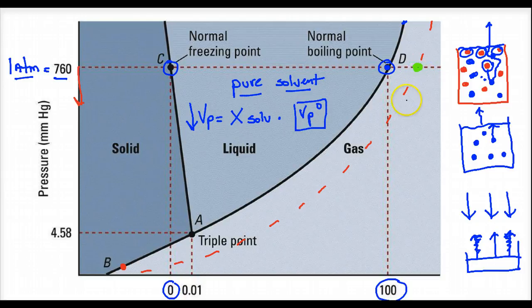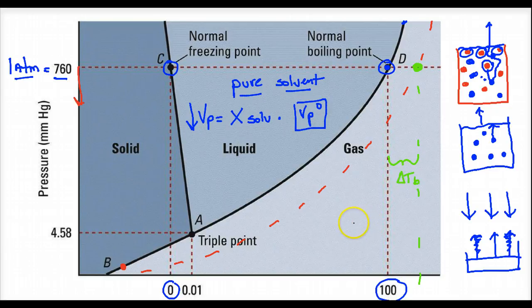Hopefully that's green. Right? The vapor pressure dropped. I'm still at 760 torr or 1 atmosphere. That didn't change, but now my line dropped, my vapor pressure dropped, and now I boil at a new temperature. And the difference between here and here is my change of temperature of boiling.